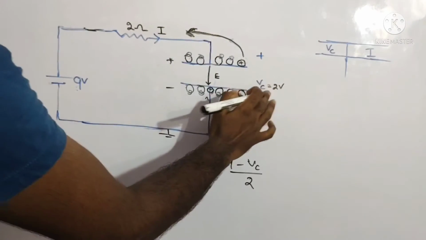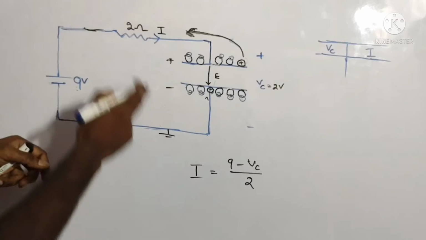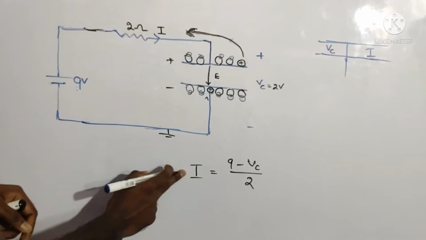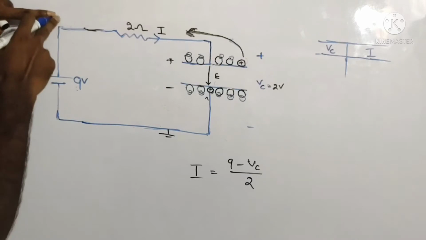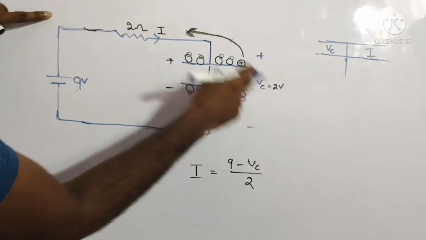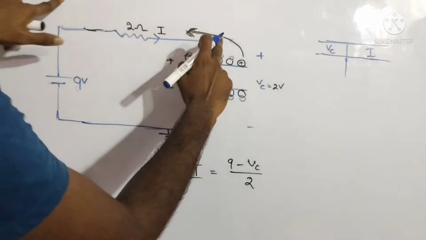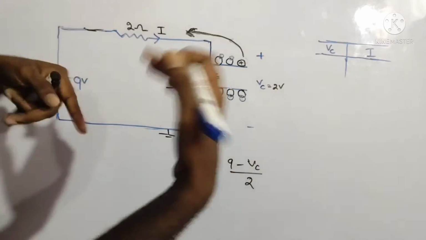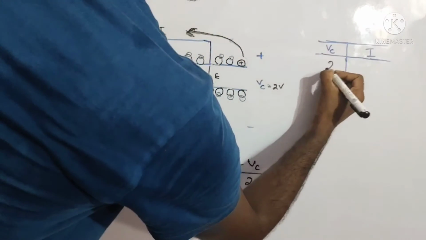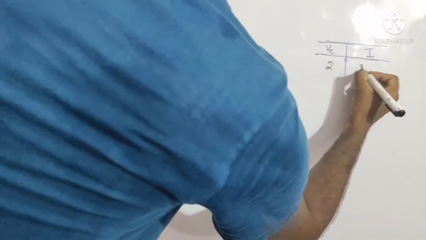Now I'm going to calculate the current. This side is 9 volts, and this is Vc. Between these two, 9 minus 2 is 7, over 2. If I assume Vc as 2 volts, then the current will be 3.5 amperes.